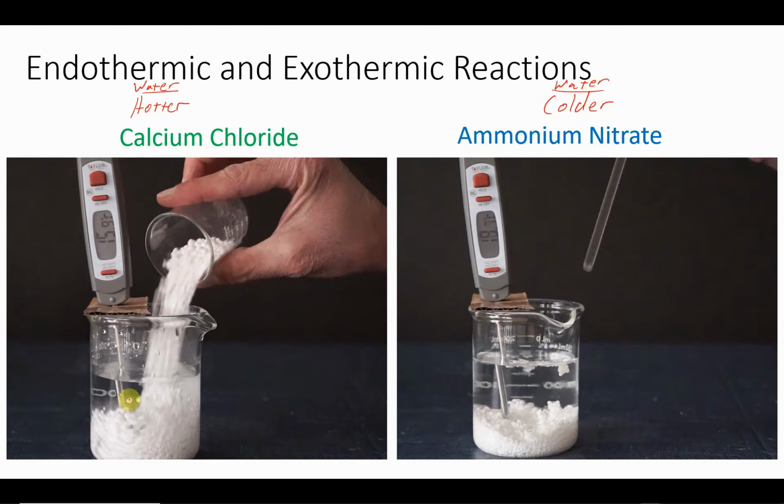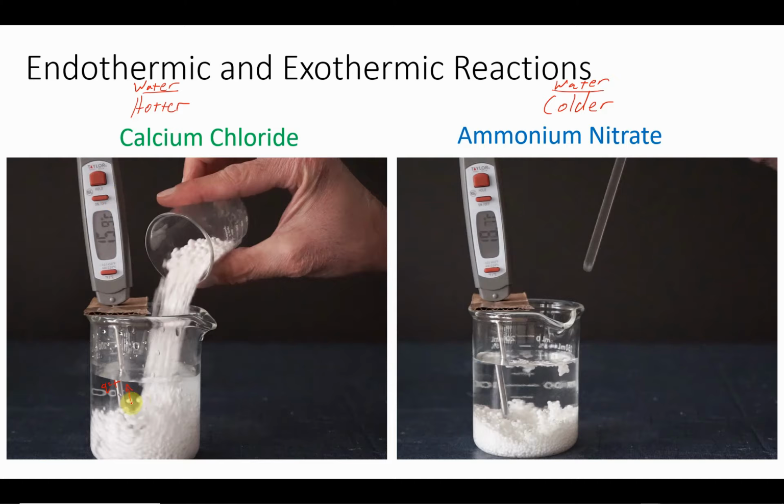You could imagine if I pick on this little chemical piece right here, this little bit of calcium chloride, it seems like the energy is going from the calcium chloride into the water. The water has a Q that's positive, right? It's absorbing that heat. That's why we're seeing this temperature go up.